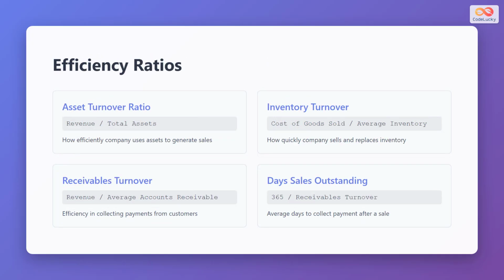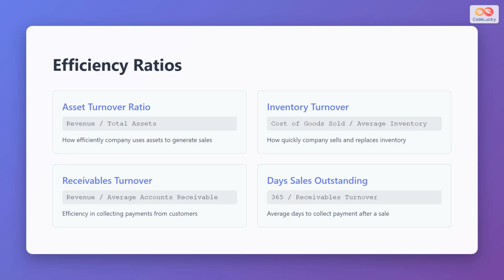Efficiency ratios measure how well a company manages its assets and operations. Asset turnover ratio is revenue divided by total assets, showing how efficiently the company uses its assets to generate sales. Inventory turnover is cost of goods sold divided by average inventory, measuring how quickly the company sells and replaces inventory.